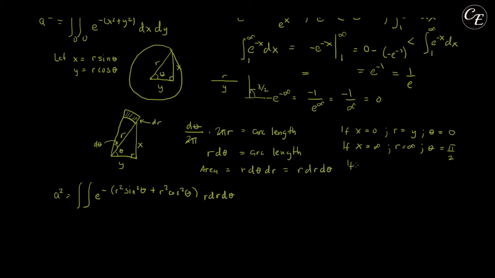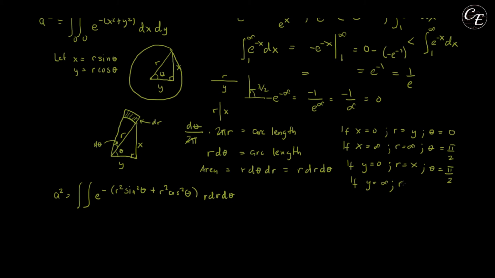Now, if y equals 0, then we will have here a vertical line with r equal to x. So r will be x, and the angle is, since it is vertical, then our angle is pi over 2. Now, if y is infinity, then we will have an infinitely long horizontal line.